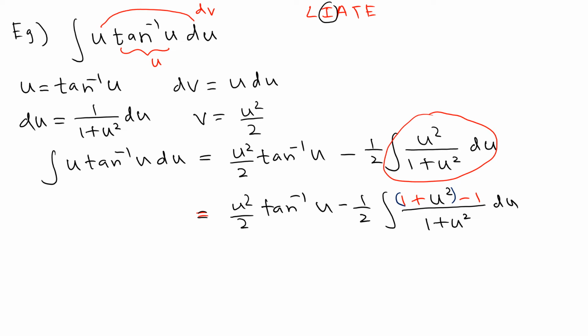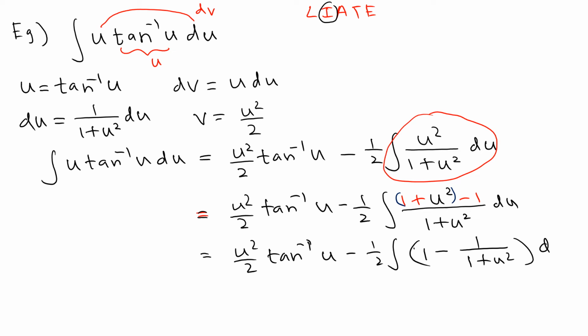That means if you divide, you can write this as u squared over 2 tan inverse u minus 1/2 times the integral of 1 minus 1 over 1 plus u squared. You can write it like that. That's the reason why we add and subtract: whatever is in the parentheses, if you divide by the bottom, you get 1, and your leftover is -1 over the denominator.